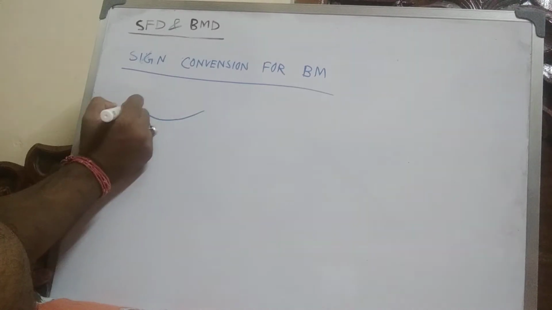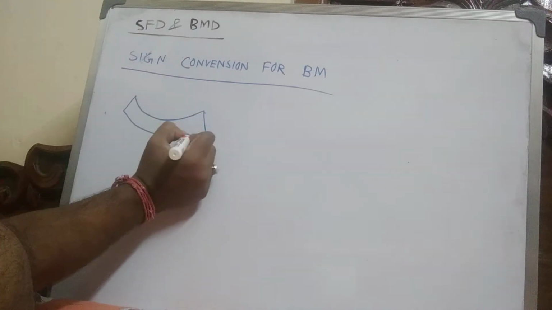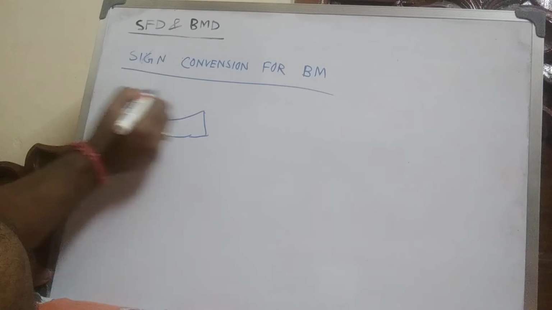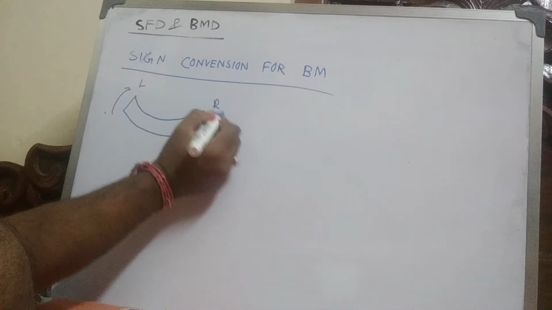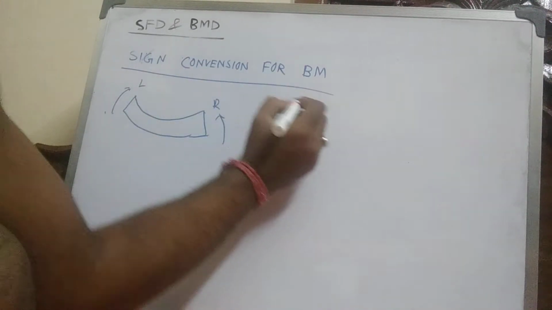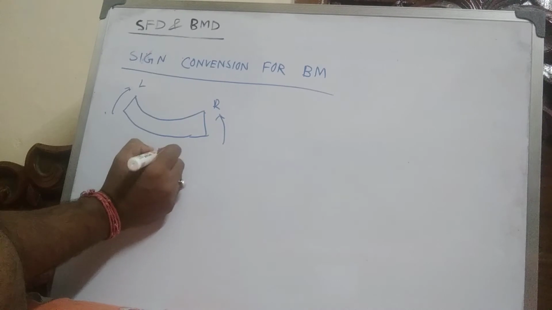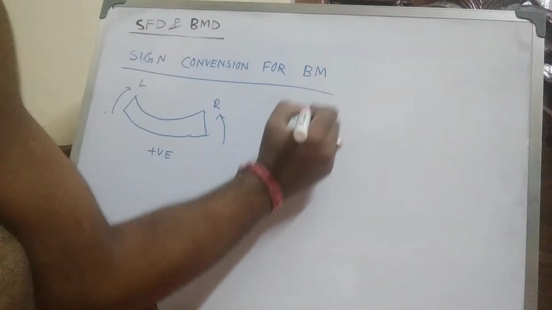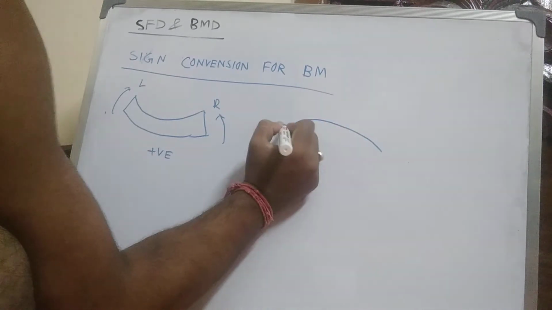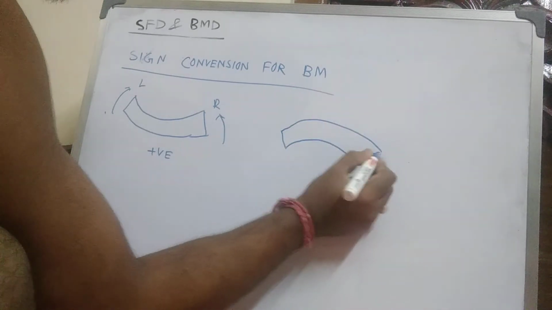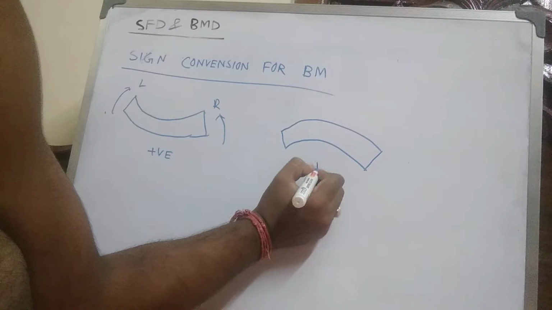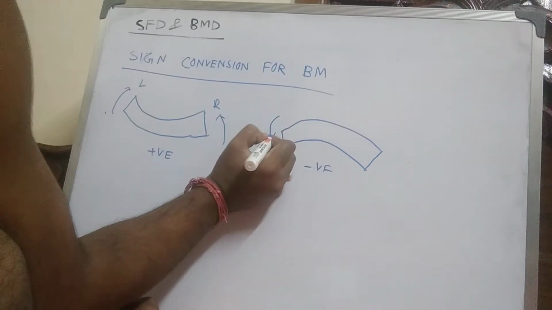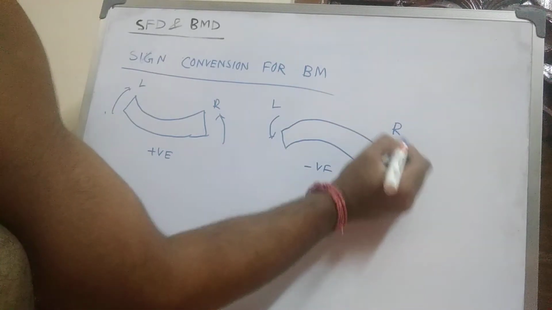When sagging or concave, this is sagging, this is positive sign of bending moment. And hogging, this is hogging, negative.